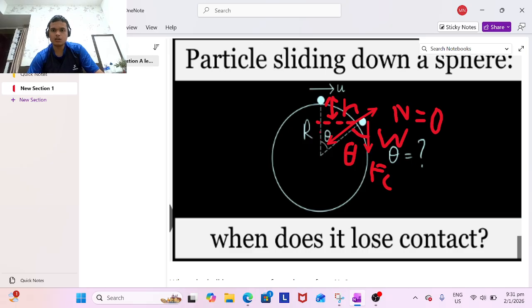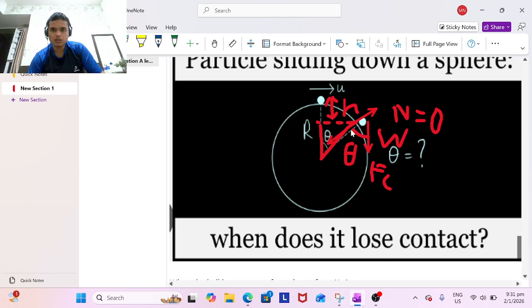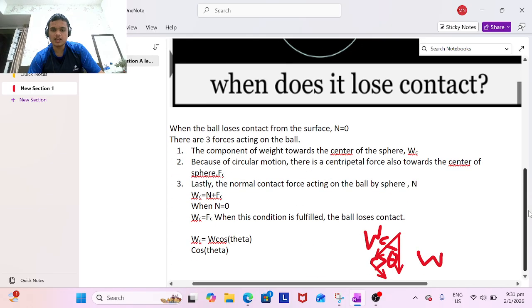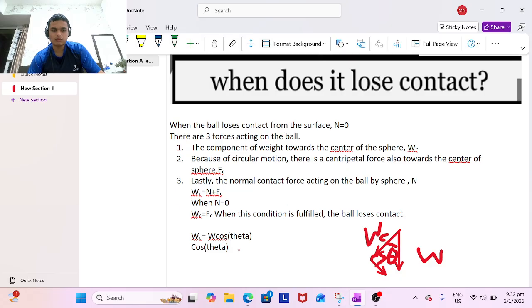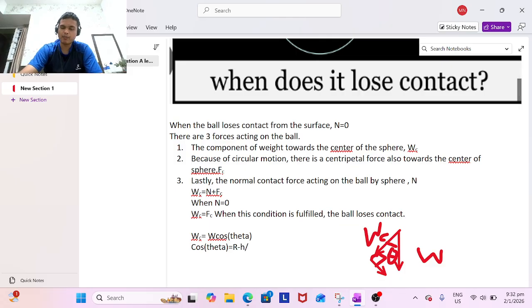So this part over the hypotenuse. The adjacent part is basically r minus h, divided by the hypotenuse, which is r.